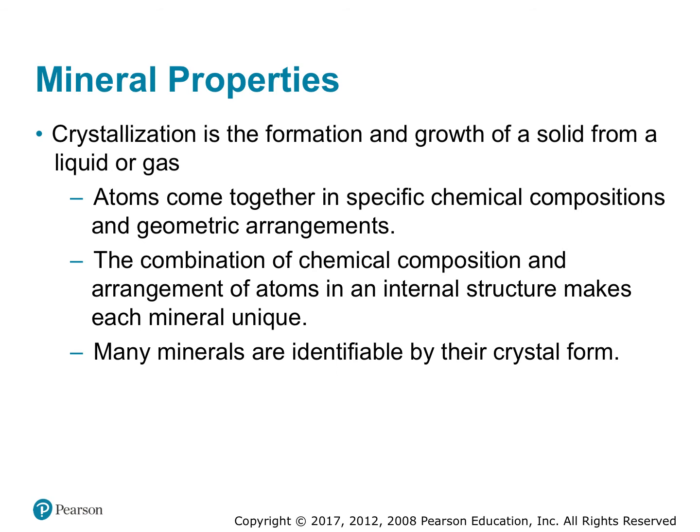And so they form in specific chemical compositions and specific geometric arrangements. The combination of chemical composition and the arrangement of atoms in an internal structure makes each mineral unique, and many minerals are identifiable by their crystal form.